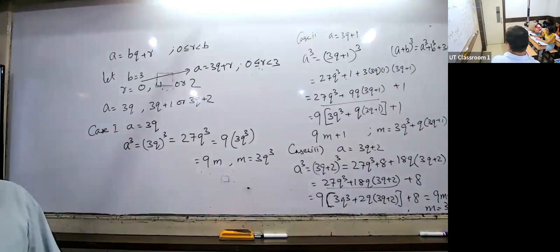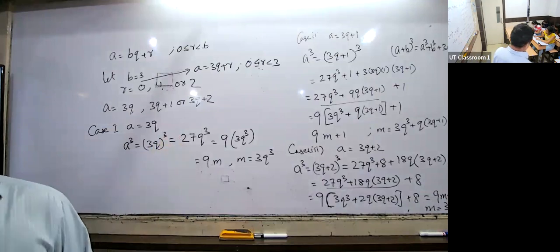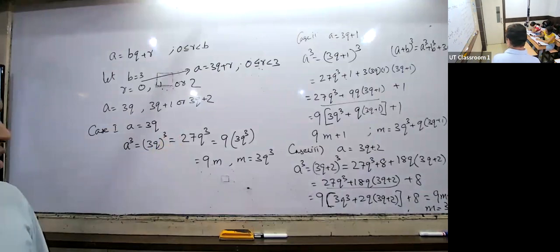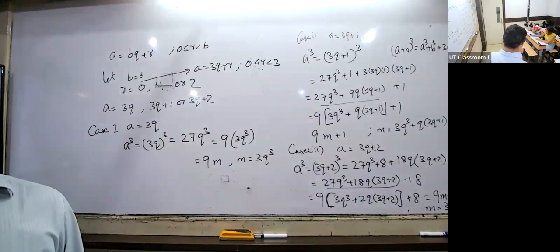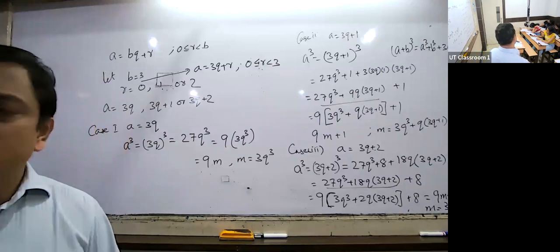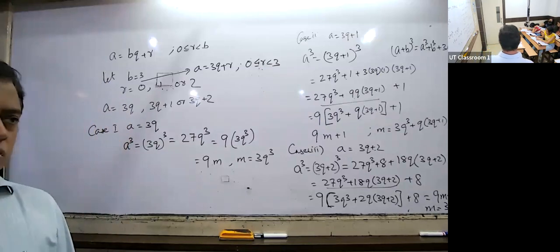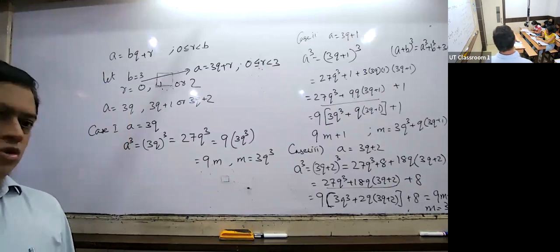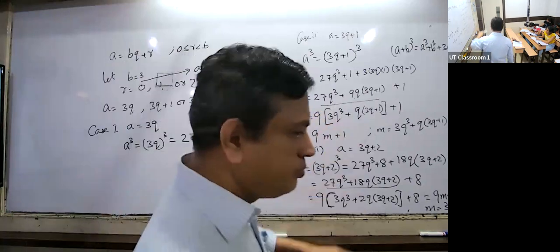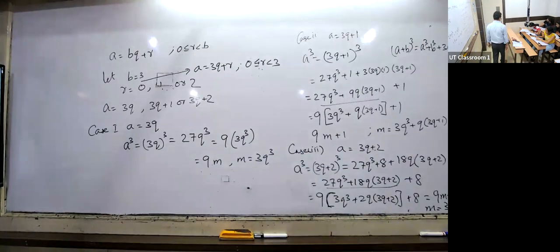Therefore, the cube of any positive integer is of the form 9m or 9m plus 1 or 9m plus 8. Written? Yes, sir.